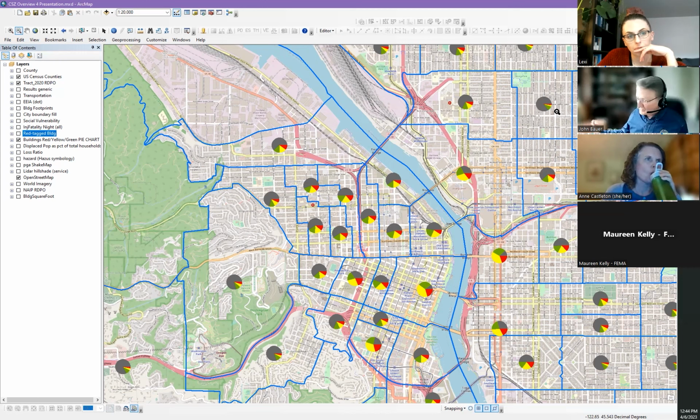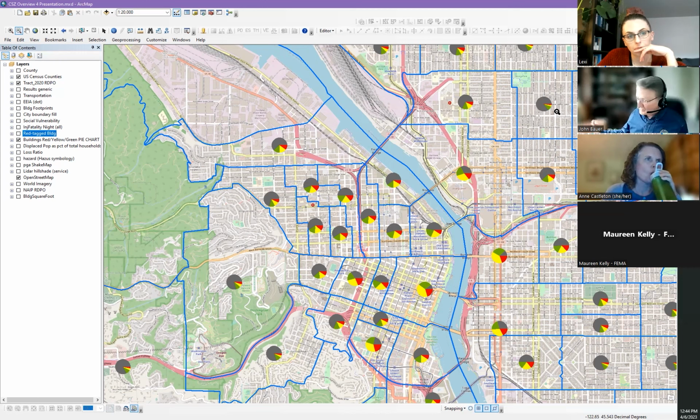If you want to look at another one called displaced population as a percent of the total household, sorry, I should say it's displaced households as a proportion of total households. This ranges from less than 2% to 25%. And it will vary.